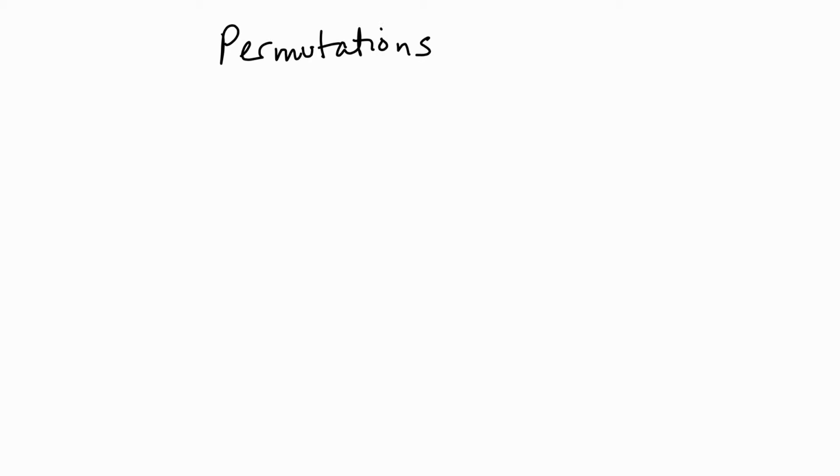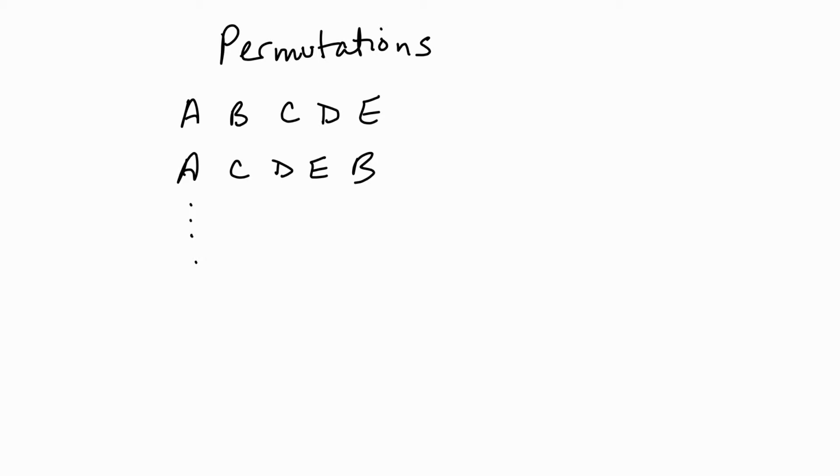We're going to start with letters, and we're going to say, for some reason I have the letters A, B, C, D, and E, and I want to know how many different ways I can make permutations of those 5 letters. So this is one permutation, A, B, C, D, E, and I could have A, C, D, E, B. That's another permutation, a rearrangement of the letters.